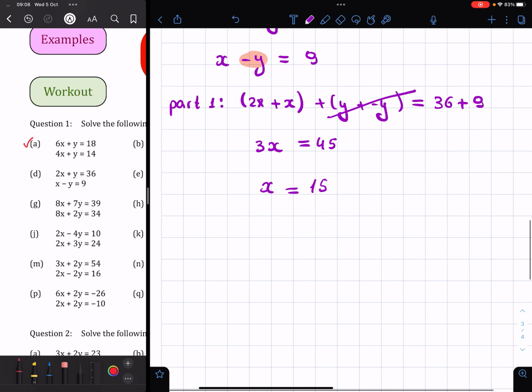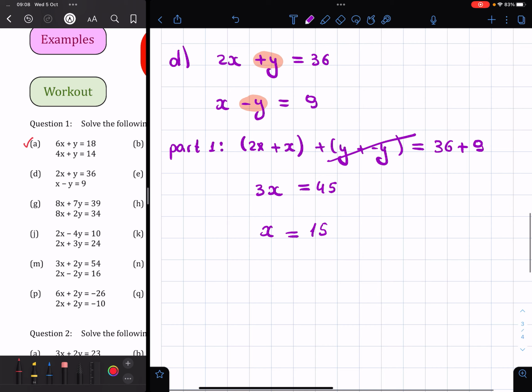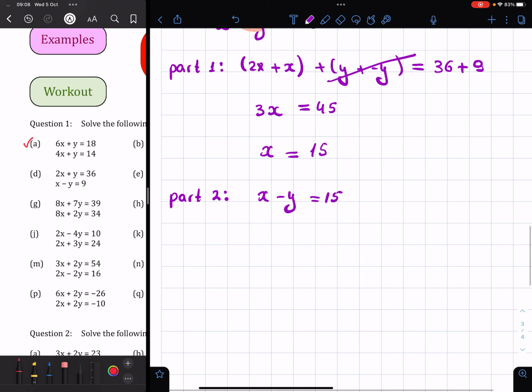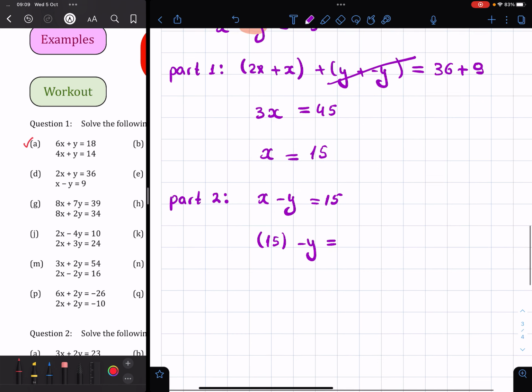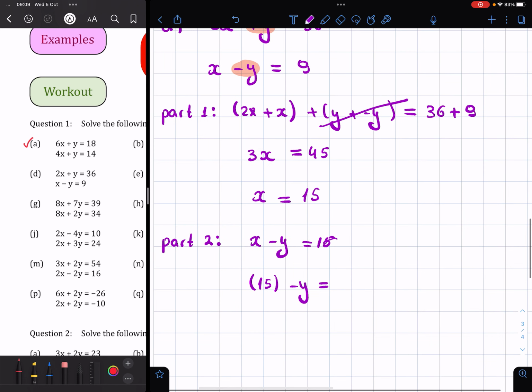Okay? So what I will do is go with the second equation. I'm writing part 2. x minus y equals 9. So I will write 15 instead of x, 15 minus y equals 9, right? Oh, sorry guys, this is 9. I apologize.